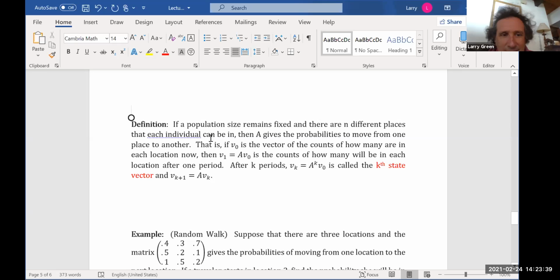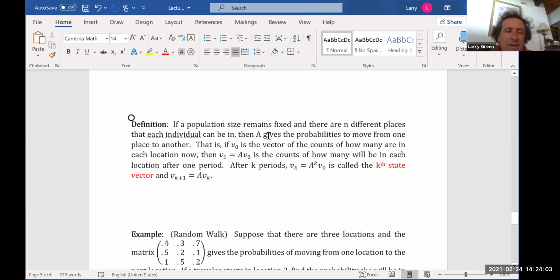Then you can say there's 50 different places a person could be, right? You could be in California, you could be in Nevada, you could be in Arizona. I can go on and on. Then you wait a year and you look, and people are allowed to travel in the United States. They just can't leave the United States, or die.